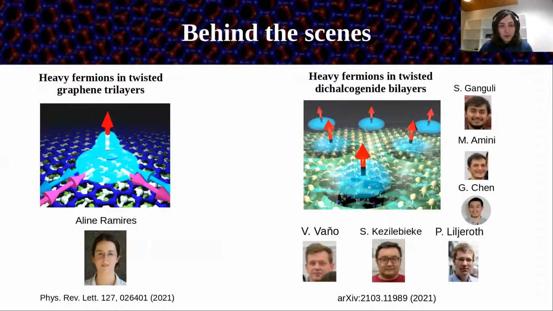I would like to also thank Aline for all the wonderful work in proving that we can have heavy fermions in graphene trilayers. And finally, I would like to thank the group of atomic scale physics at Aalto, and in particular, William Chaboulinou, Peter, Mohamed Somesh, and once a PhD student in my group, for this really thrilling experiment where we show the emergence of heavy fermion physics.